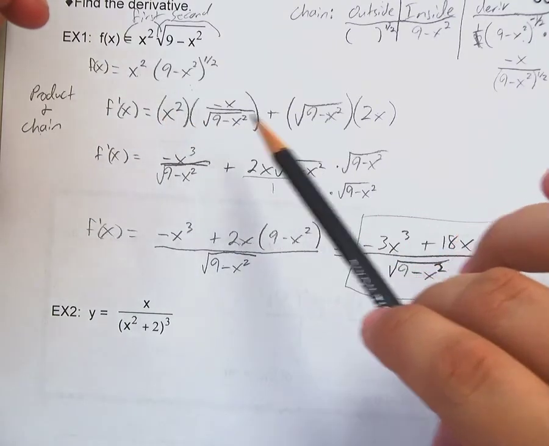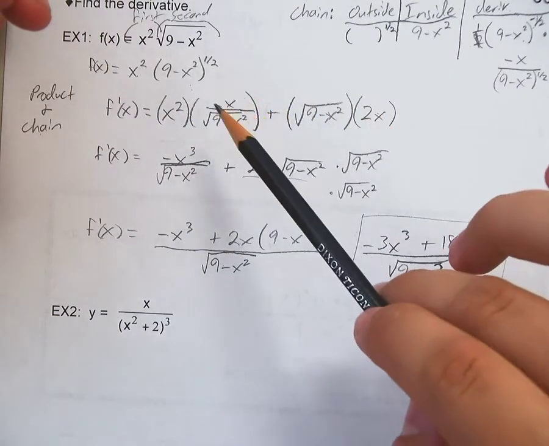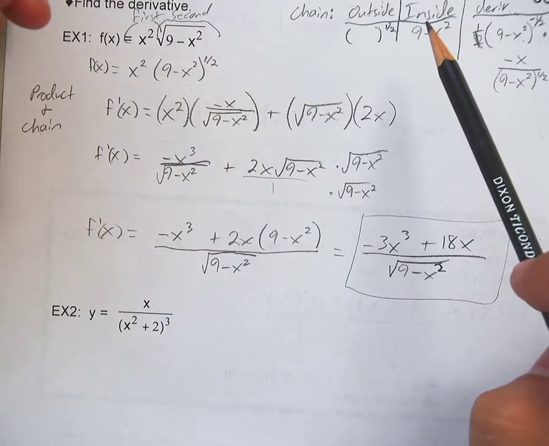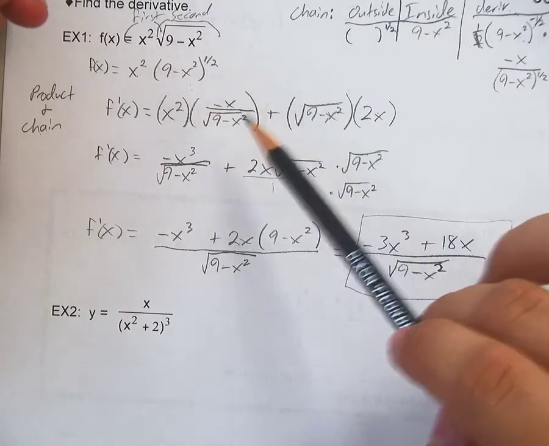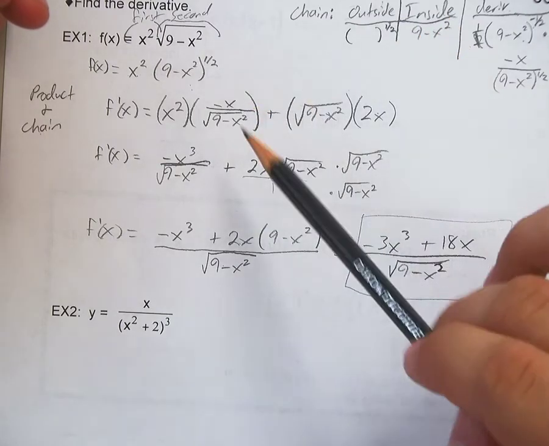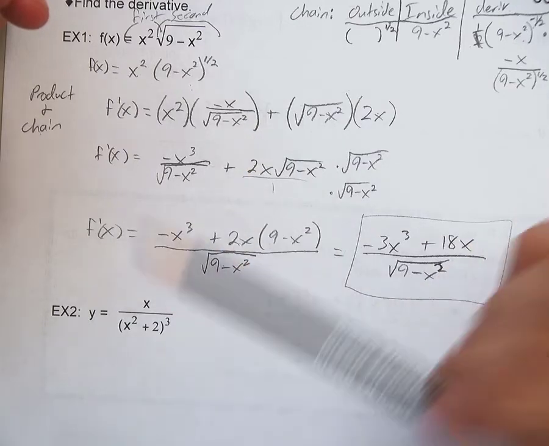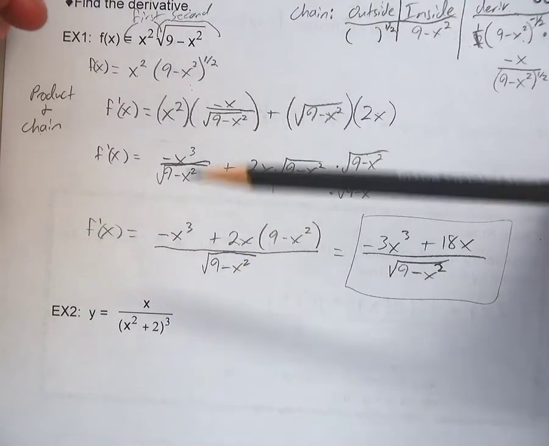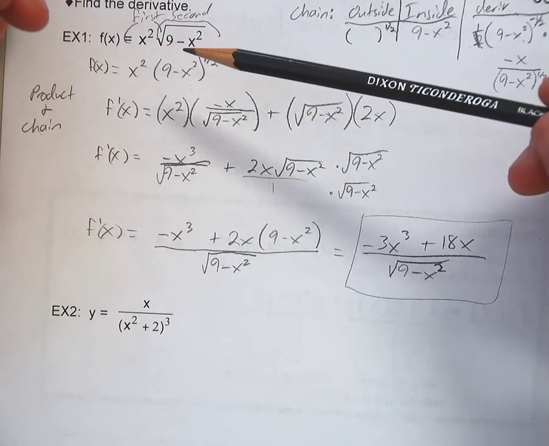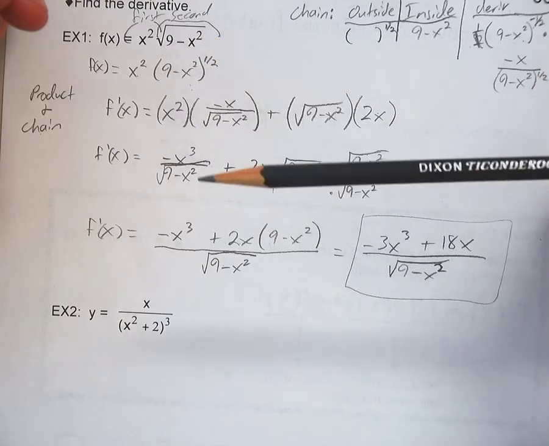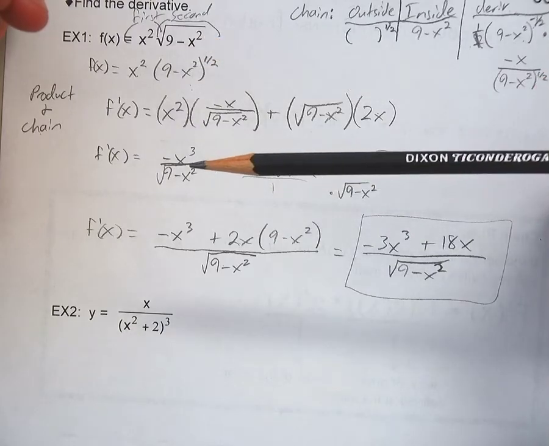First, d second plus second d first. To find the derivative of that second, though, I had to do a chain rule. So once I did my chain rule, the rest of it was just a piece of cake. It was all product rule and algebra. So the only thing different here is that you may have to, at some point, do a chain rule. Okay?